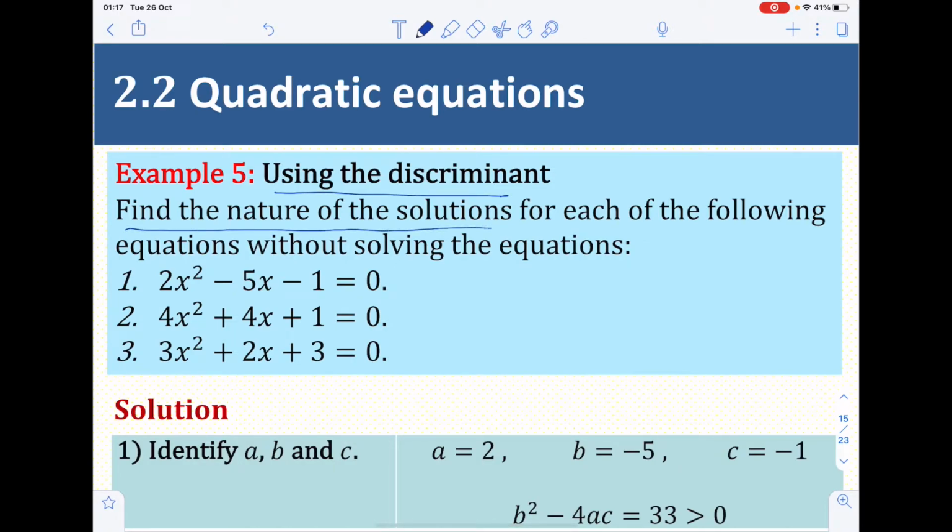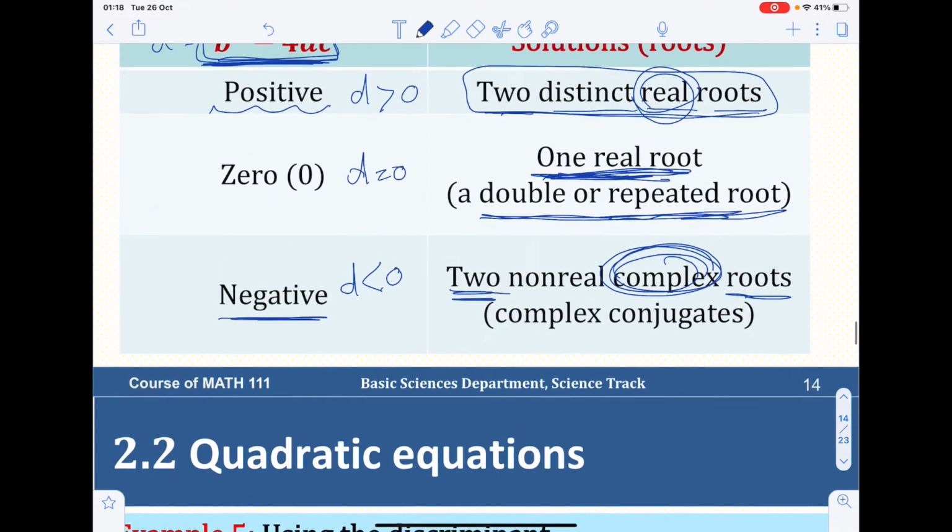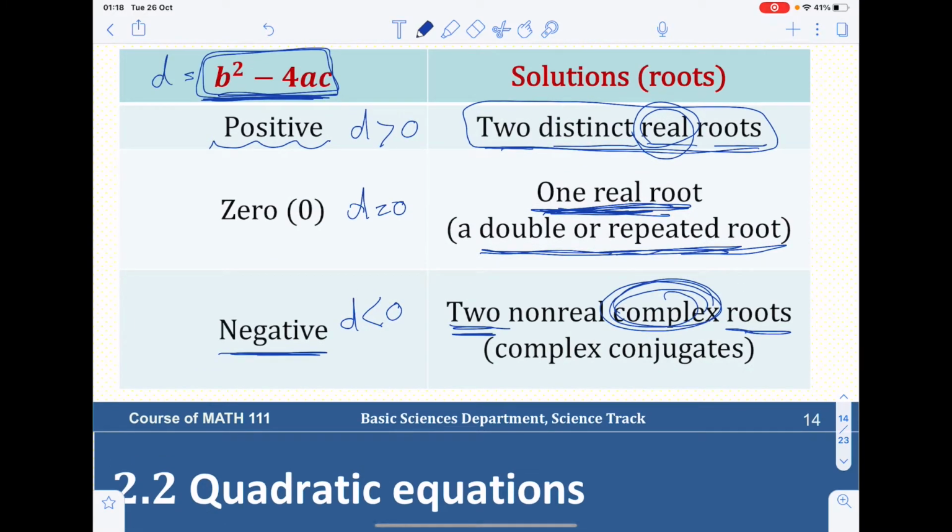What is the nature of the solution? We have to compute d. If d is more than 0, we have two distinct real solutions. If d is 0, we have only one solution. If d is less than 0, we have two complex roots.